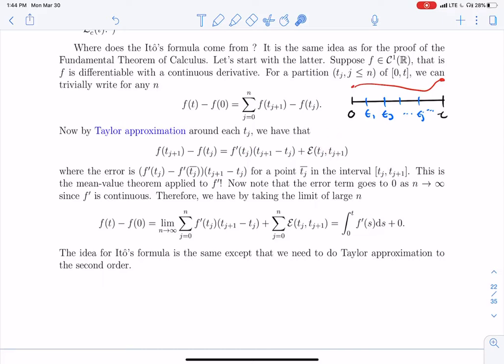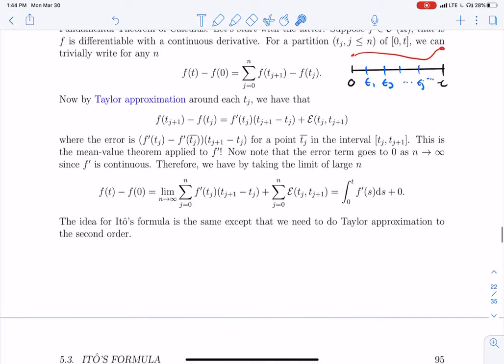Now, I don't take this perfect equality. I rather just take t_j, the one at the beginning of my interval [t_j, t_{j+1}]. But then I get an error, which is the difference between the derivative at t_j and that special t_j bar, times this increment.